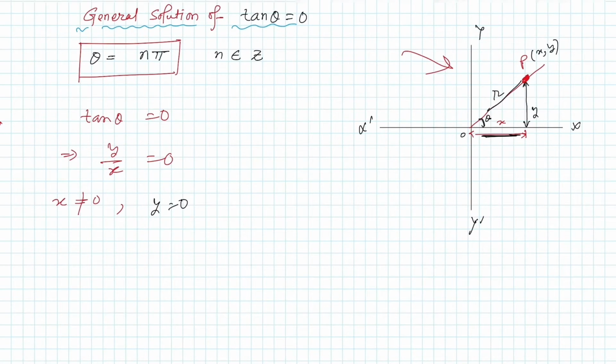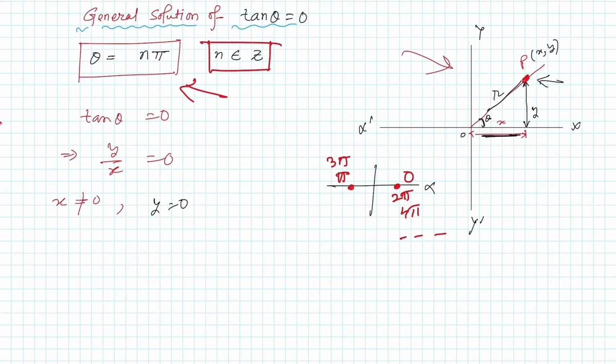If y is equal to 0, this point P must be lying on the x-axis, maybe on this side or that side. It is possible when theta is equal to 0, pi, 2 pi, 3 pi, 4 pi, and so on. So that's why the general solution is theta equal to n pi, where n belongs to Z. I hope you have understood.